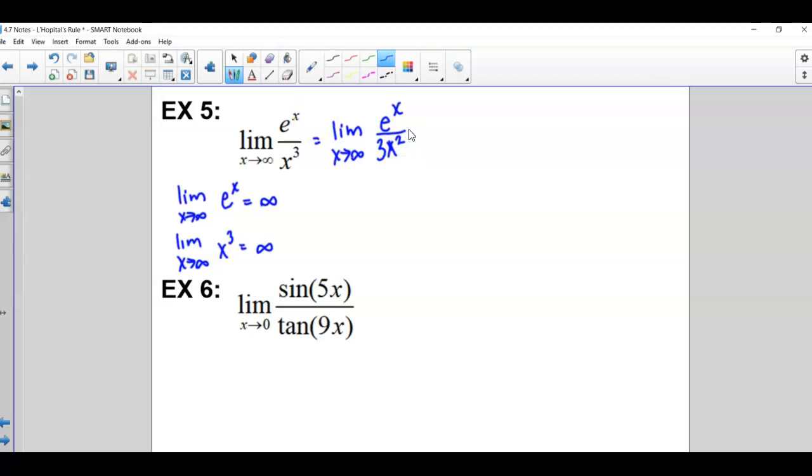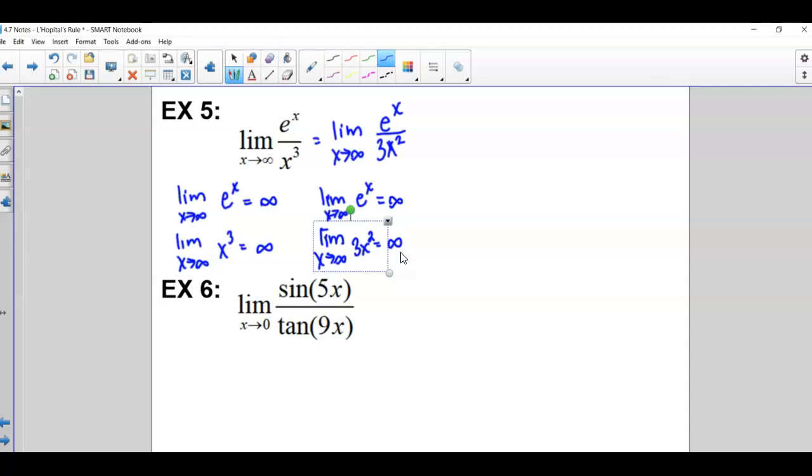If we plug in infinity to that, if we do the limit as x approaches infinity of e to the x, we get infinity, and if we do the limit as x approaches infinity of 3x squared, we also get infinity. Still indeterminate. Still don't know the answer.